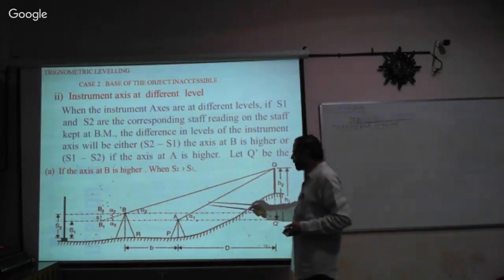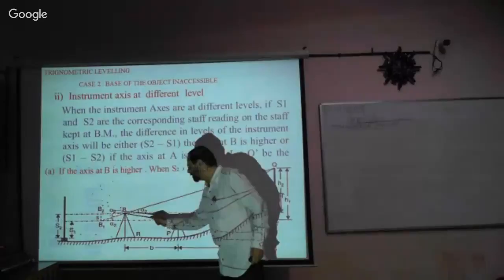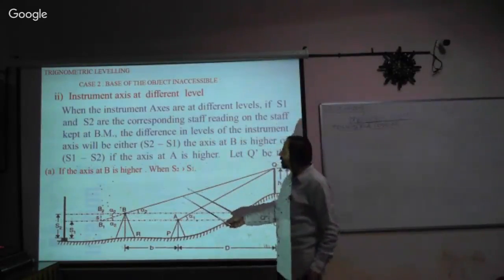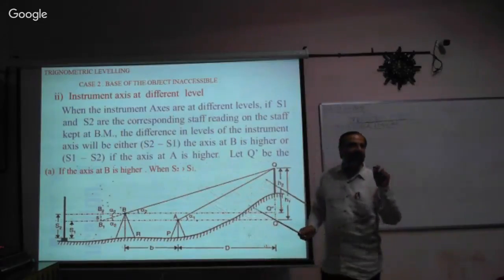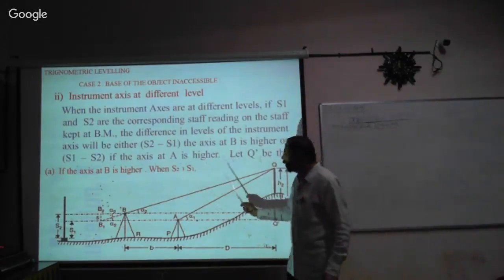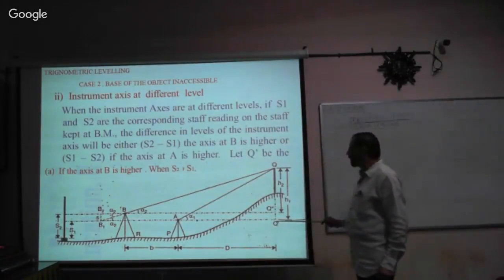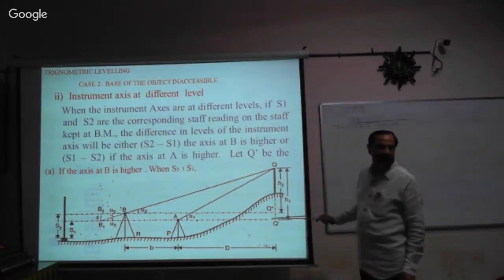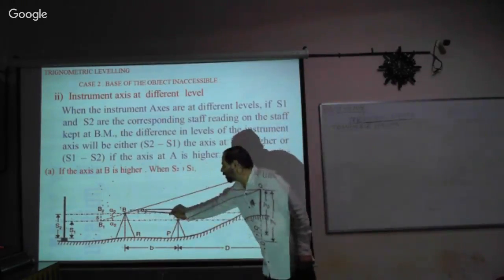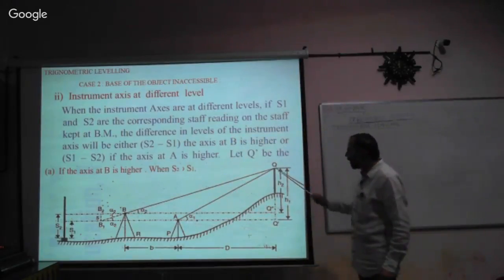Now after calculating the distance between these two points, consider one more triangle, that is Q, B1 and Q dash. By considering this triangle, now what is happening? Already we have H1.